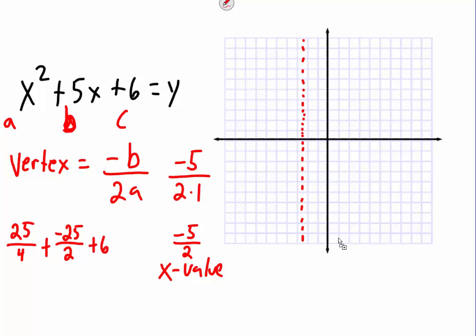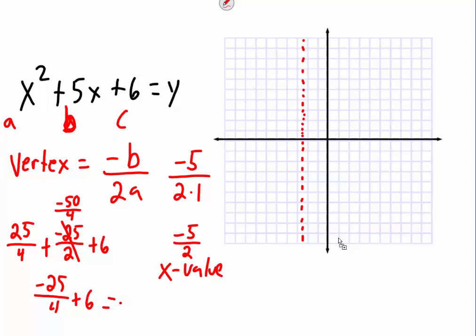All right. This is the same as saying negative 50 fourths. And so 25 plus a negative 50, so we got a negative 25 fourths plus 6. If I wanted to, I can change this to a negative 6 and 1/4 plus a 6.